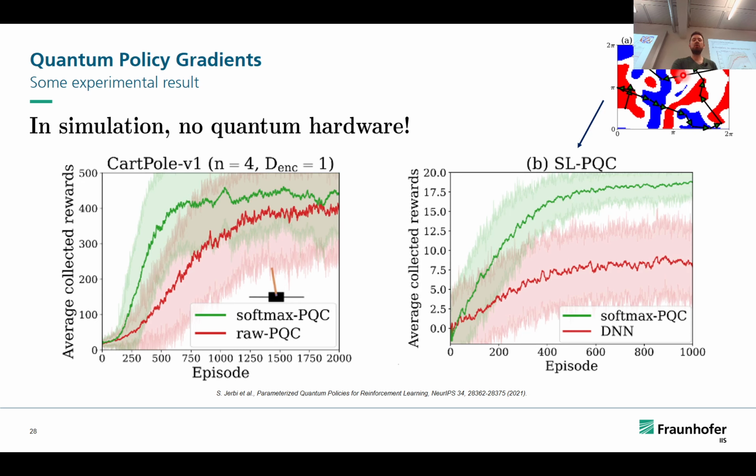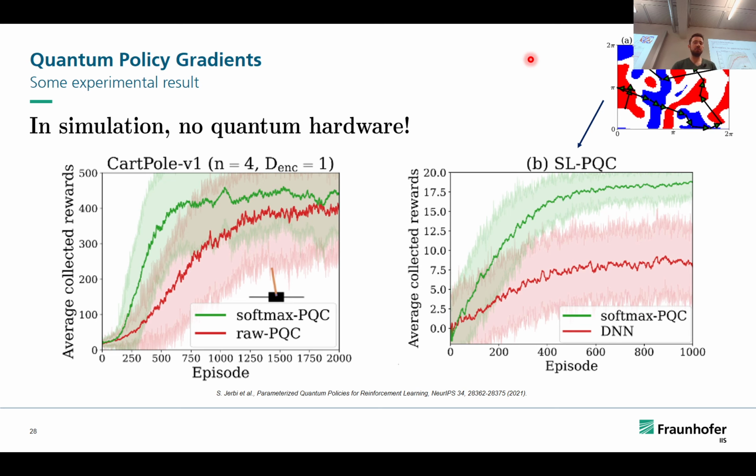And here they were able to show that you can do better with a quantum approach than with a classical approach. So red is basically just a typical classical neural network, and green is the quantum network. And so here we really have some separation between classical and quantum agent.